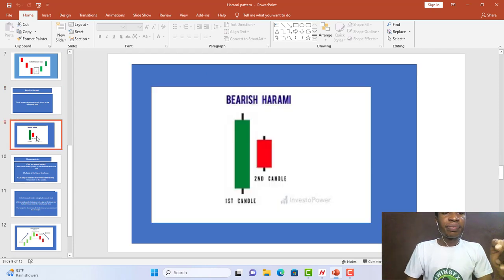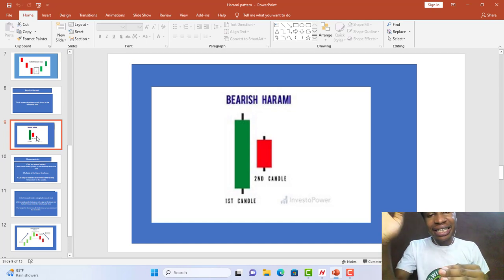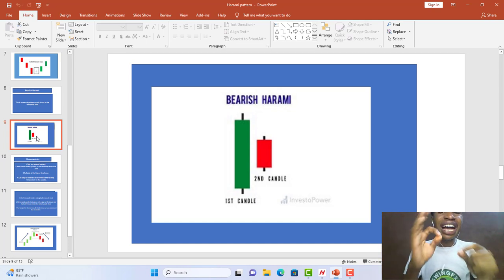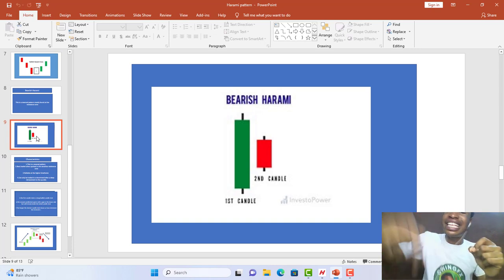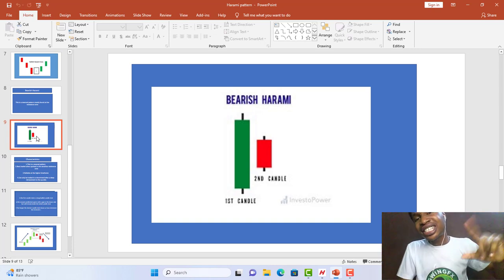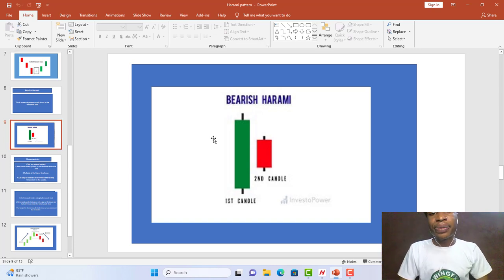So this is it. The first candlestick must be a bullish candlestick to the upside. Then you now have a smaller candlestick giving a gap to the inside of the previous candlestick. So something like this, you can see buy, buy, buy.